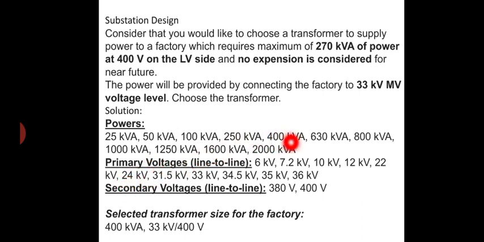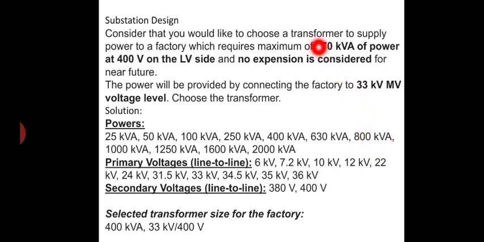In case the load is 470 kVA, we can select 630 kVA. If it is 570 kVA, then we can have 800 kVA.